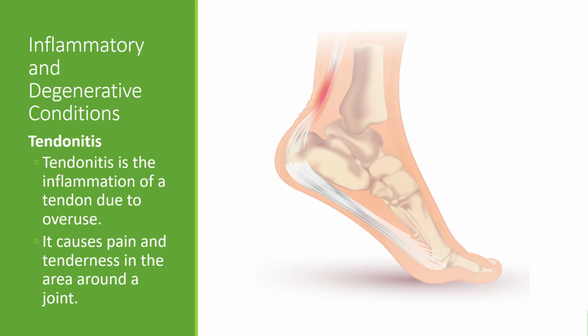Tendinitis is the inflammation of the tendon due to overuse, and it causes pain and tenderness in the area around the joint. And the classic example of this, because I have it in both legs and have had it for years, is Achilles tendinitis. And so that Achilles tendon right there is a heavy duty band, and you put a lot of pressure on it when you're walking and doing all the things that you do.